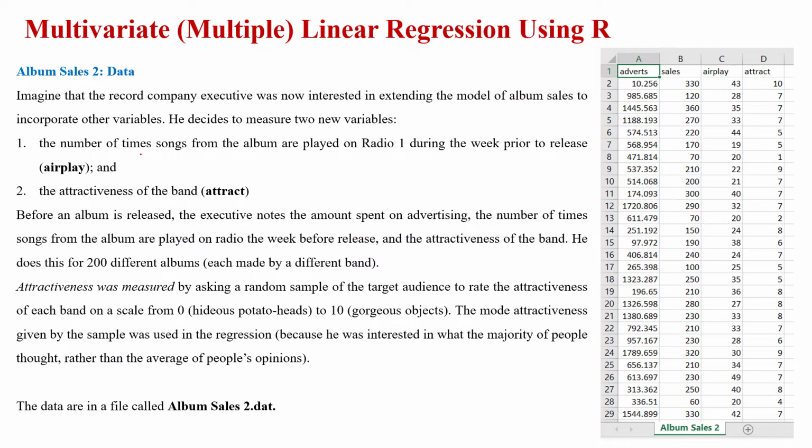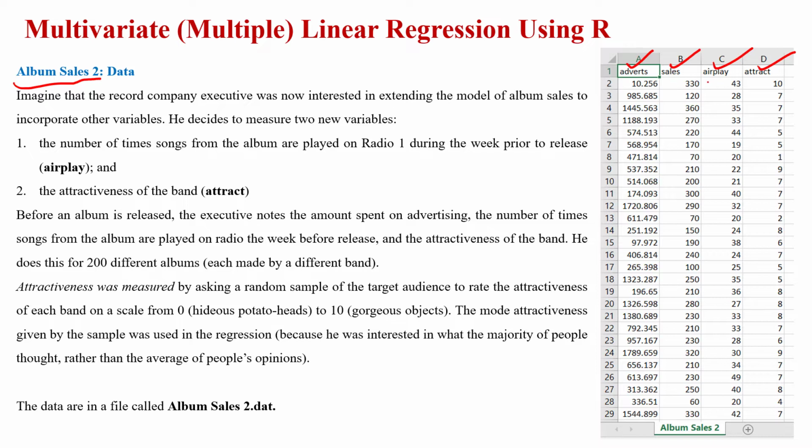For that, I'm going to use the data set of album sales, where the dependent variable is sales, and the independent variables are the advertisement expenditure, the airplay and the attractiveness. The advertisement expenditure is the amount we are spending, in thousands of pounds.